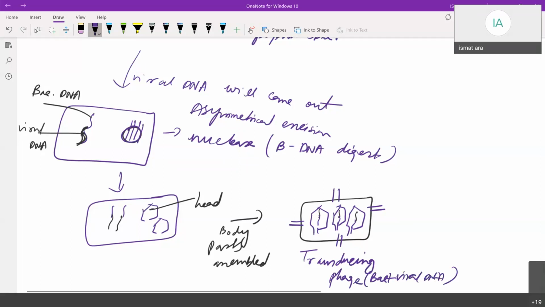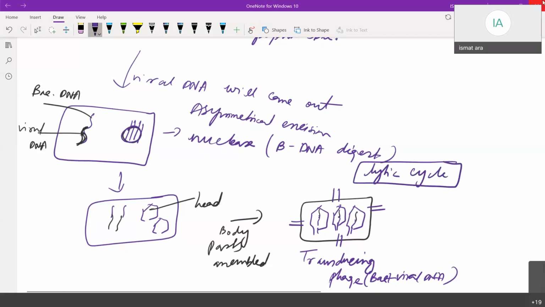That means when bacterial DNA and viral DNA have entered into the head of the phage, this will cause the lysis of the bacterial cell. So this is called the lytic cycle. Lytic means lysis of the bacterial cell. That one is the lysogenic cycle, this one is the lytic cycle.